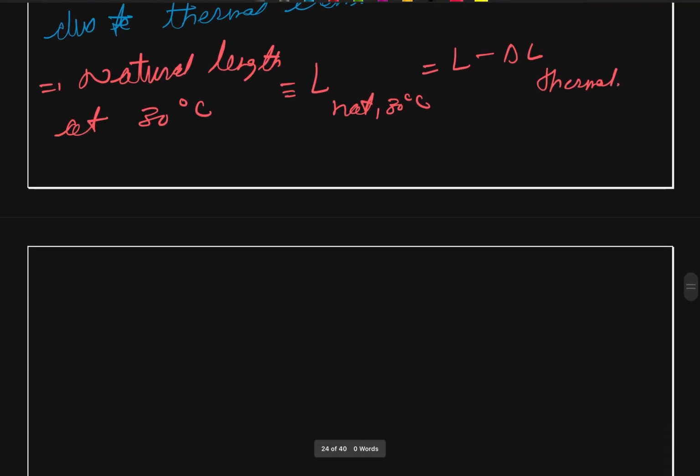So we substitute it, and we get this is equal to L minus 10 raised to power minus 4 times L, or we can say L times 1 minus 10 raised to power minus 4.